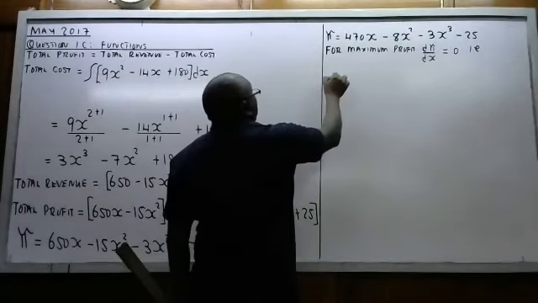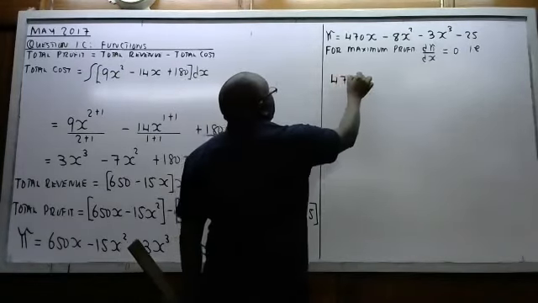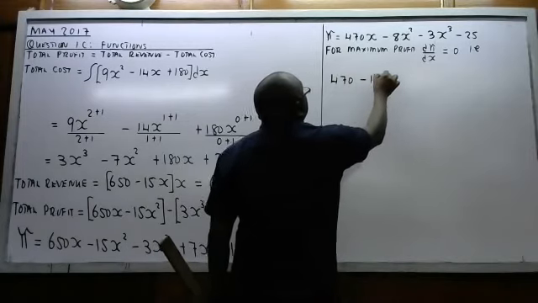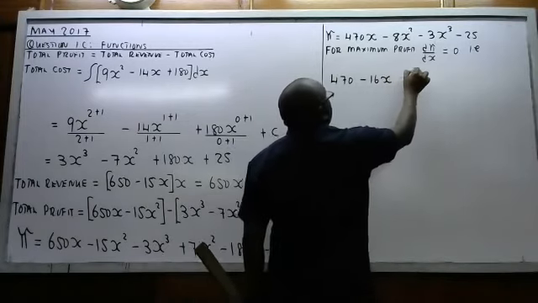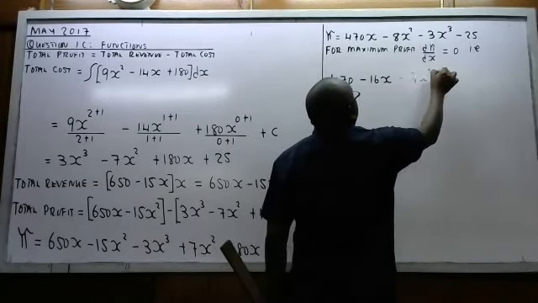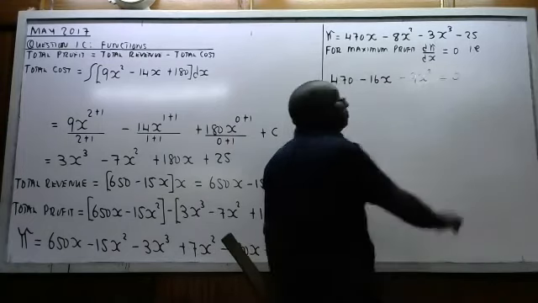That is 470 minus 16x minus 9x squared is 0.